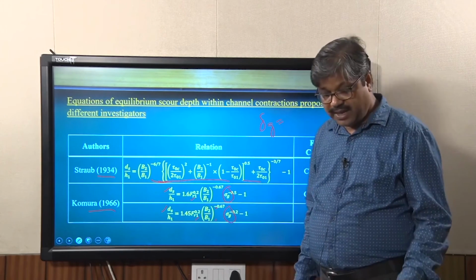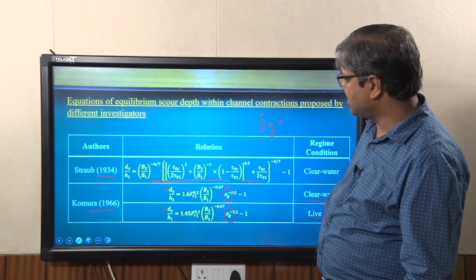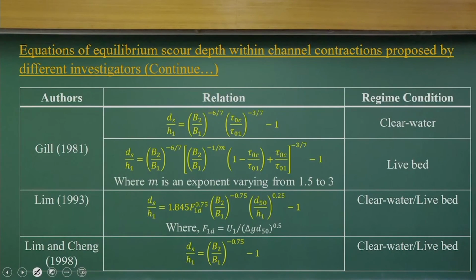In the same way, a lot of studies have been done. If you look at Gill 1981 and Lim 1993, 98, the derivations are more or less the same, but the exponent components vary for live bed scour. In this case there is a D50, the bed material part, and you have B1, B2, and here F1D.